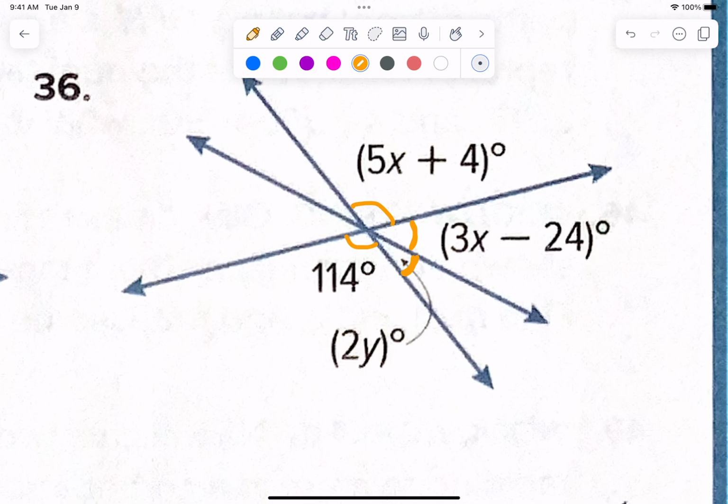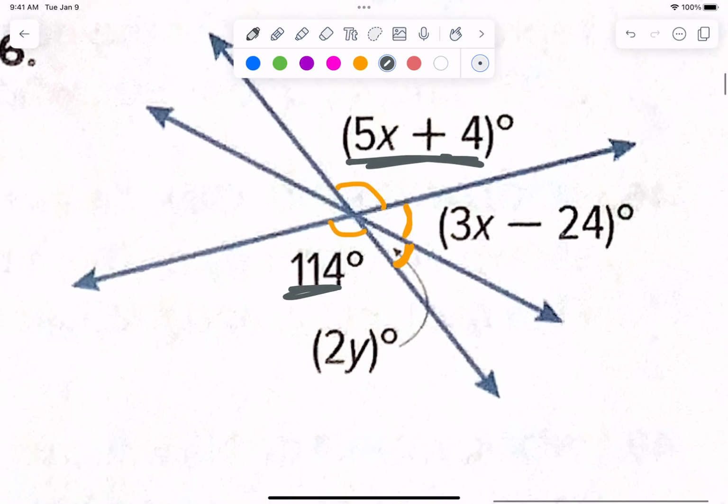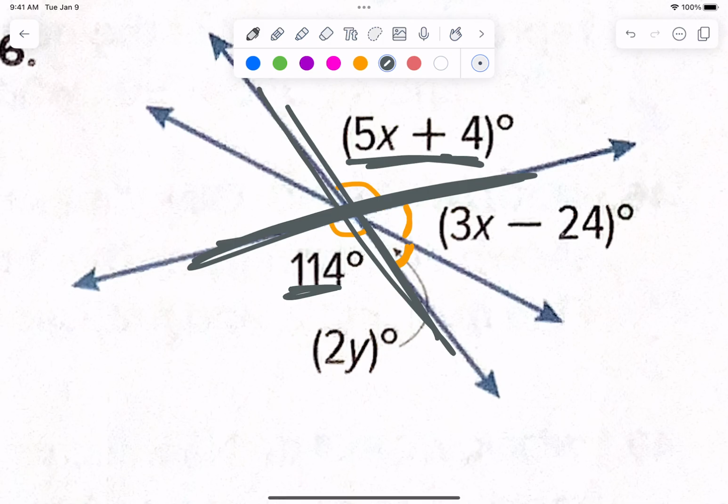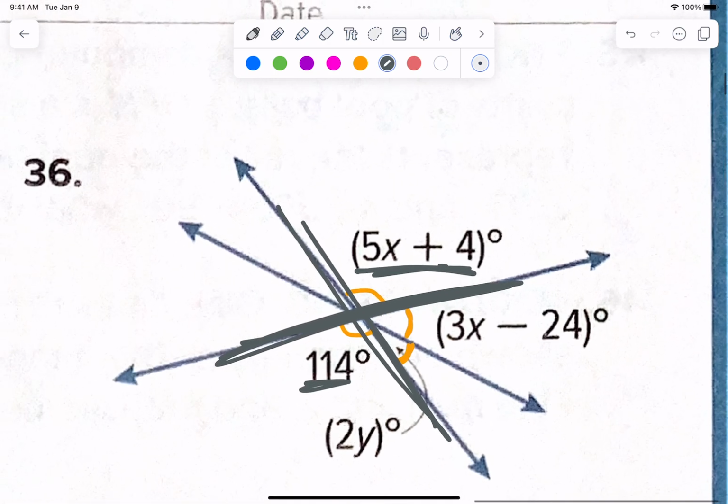What are you going to start with? Can we set 5x plus 4 equal to 114? Are they the same? Here's my straight line here, and here's my straight line here. They're vertical angles? Yes, that's exactly where I would start.